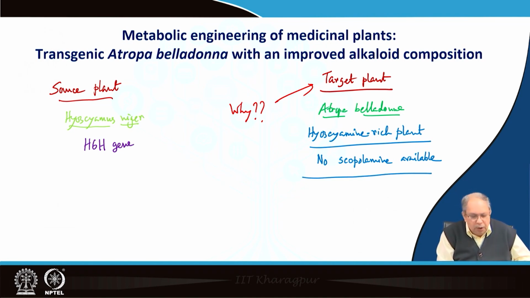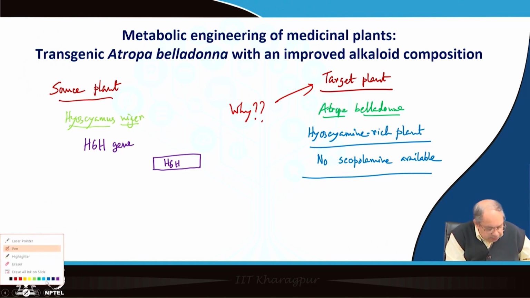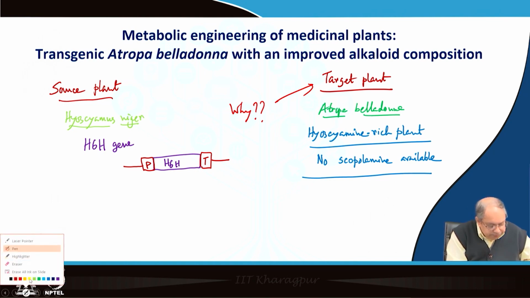So, the H6H gene can be transferred into Atropa belladonna by using Agrobacterium tumefaciens mediated transformation.